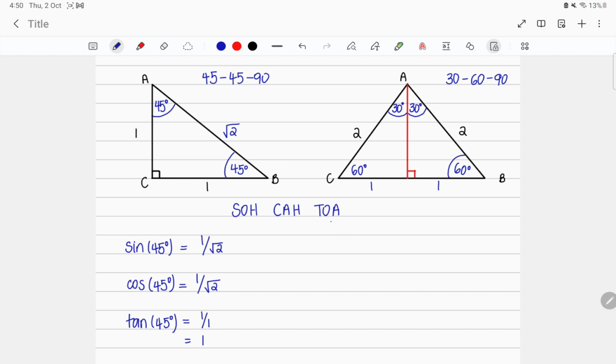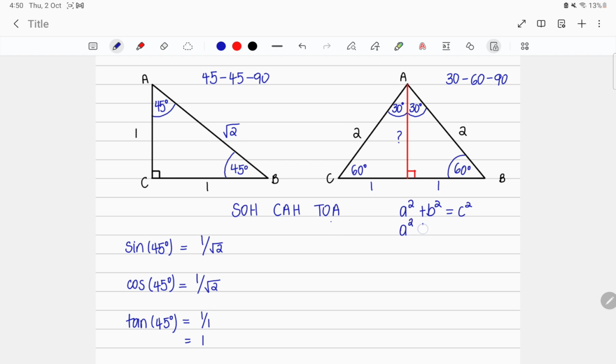Now, before we can work out those ratios, we would still need to find the size of this line right here that we used to bisect the triangle. So again, we can do that using Pythagoras' theorem, which states that a squared plus b squared is equal to c squared. In this case, we don't know the length of one of the shorter sides, so I'm going to refer to that side as side a.